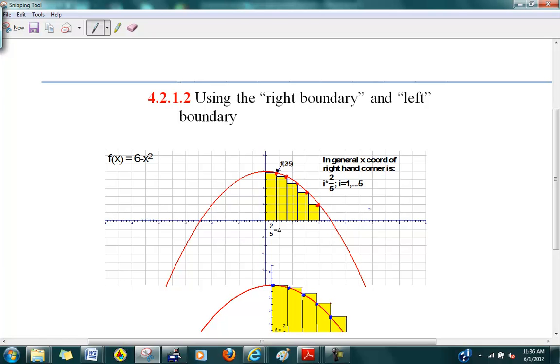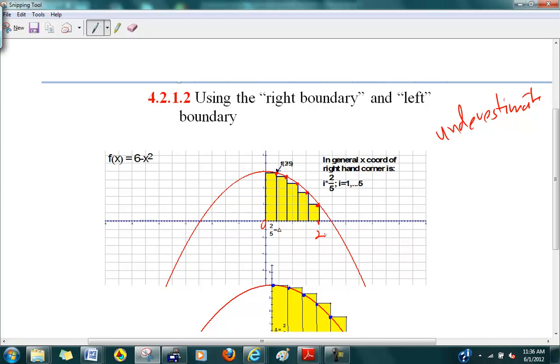Now in example 1, the top one there, you're going to underestimate the area. As you can see, if you add the yellow rectangles, it's going to be less than the area that you really want, assuming you're trying to find the area from 0 to 2.